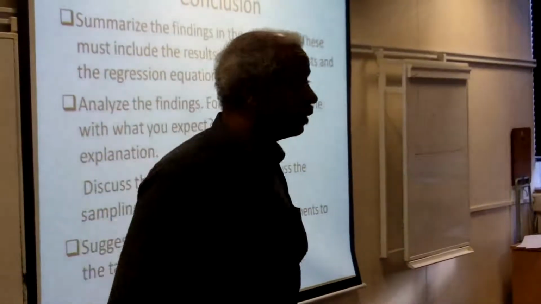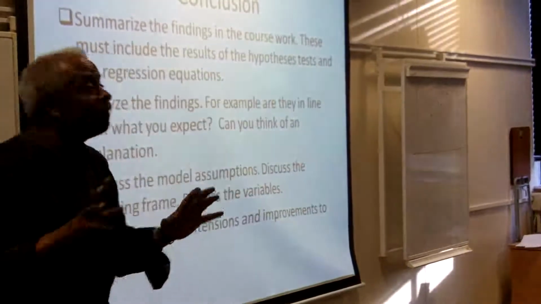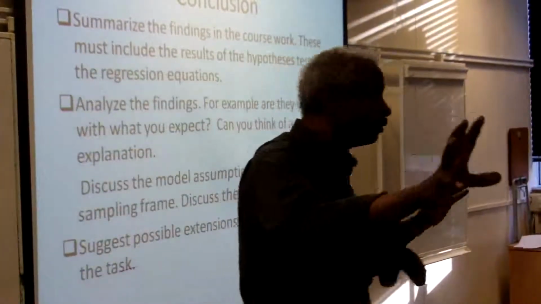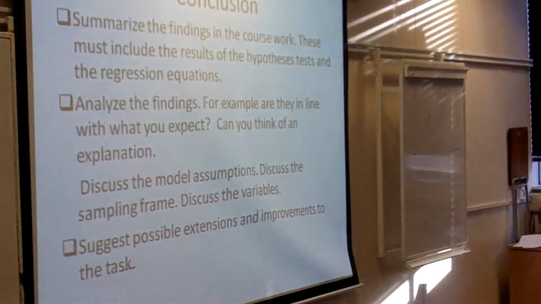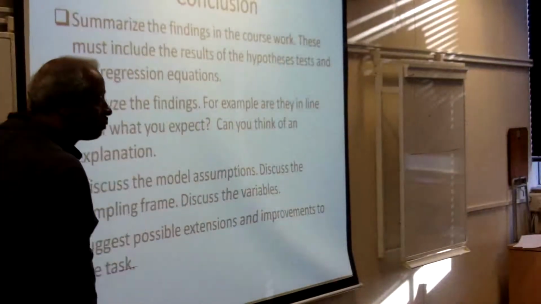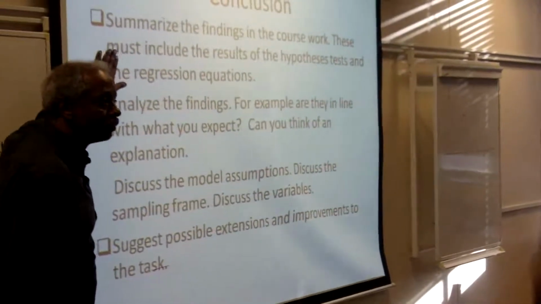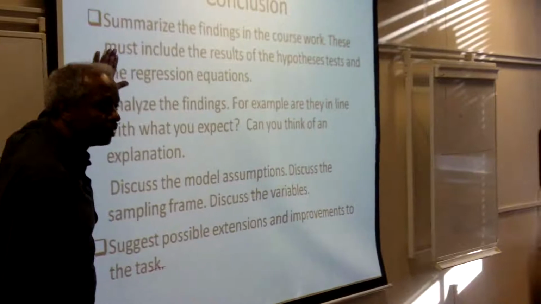Stating things very clearly. So you are not going to do anything fancy. You are going to go to the body of your task 1 and task 2 and pull the results into the conclusion. That is 6 marks out of 20.